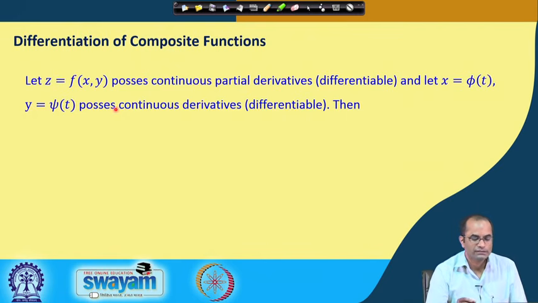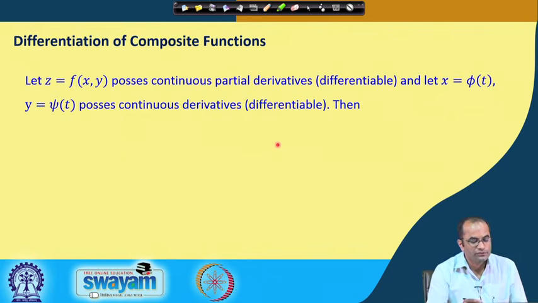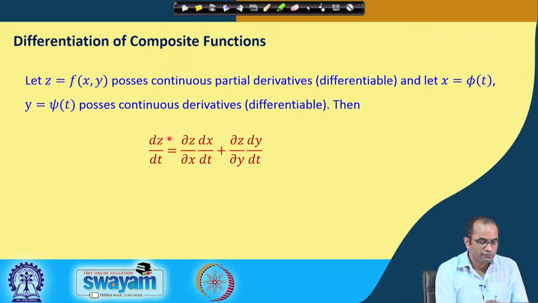So, f(x, y) is a differentiable function, and we also let x equal to phi(t) and y equal to psi(t) possess continuous derivatives, or again we can assume they are differentiable functions. In that case we will derive a formula for dz over dt, the ordinary derivative of z with respect to t, which makes sense now because x and y are functions of t, so z is a function of t alone.